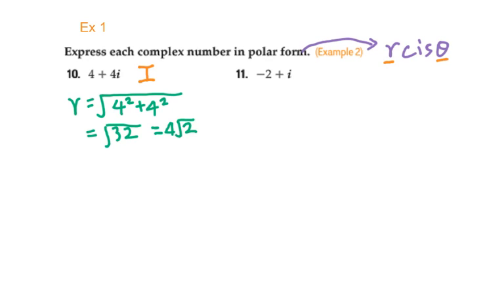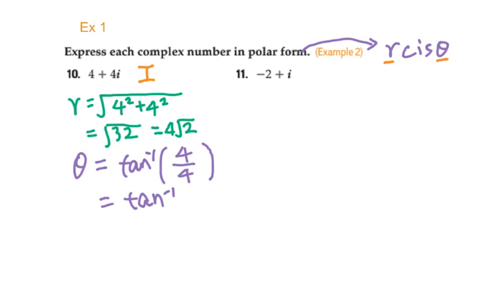Since it's in the first quadrant, theta is the inverse tangent of b over a, so 4 over 4. You get the inverse tangent of 1, which means pi over 4.